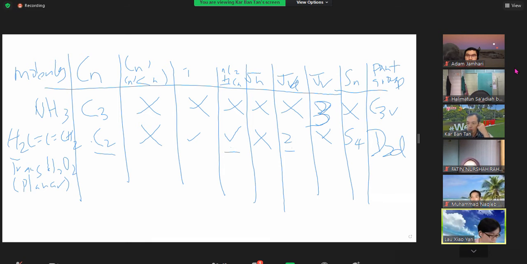It's the trans H2O2, so it's planar, then it can have a principal axis C2, which can rotate 180 degrees.